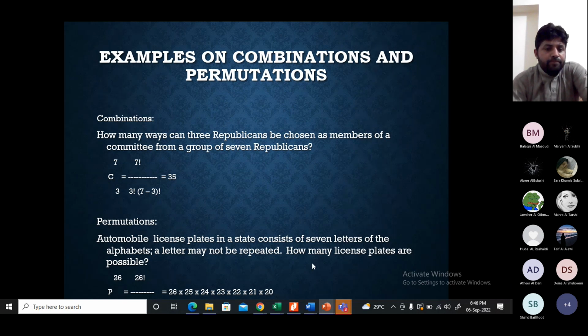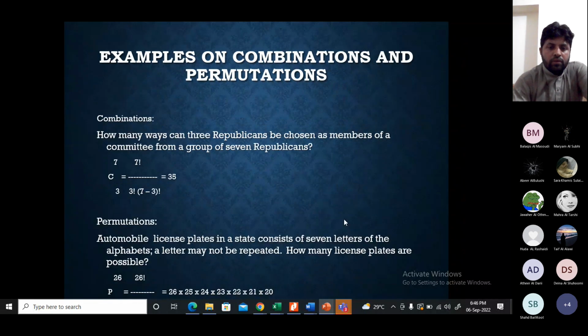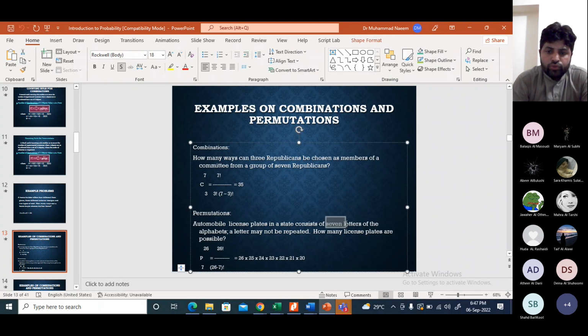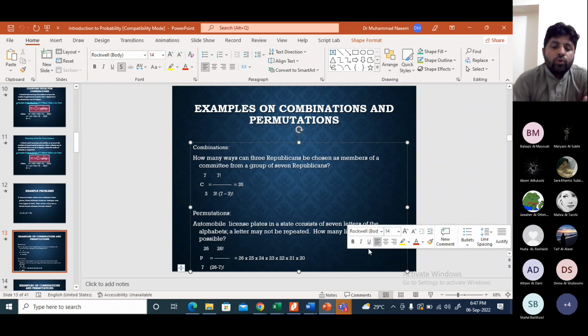So you can see here 26, 26/7, because you have to choose 7 letters, and there are a total of 26 letters. In the English alphabet we have a total of 26 letters, and you have to select 7.